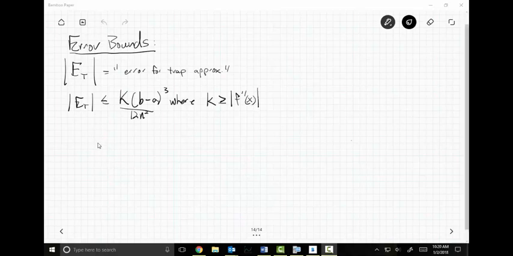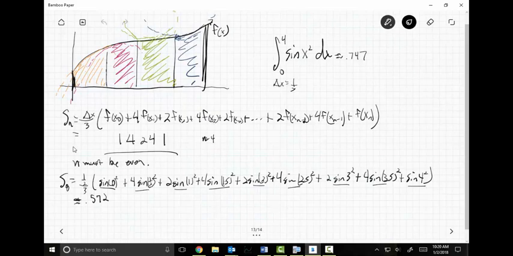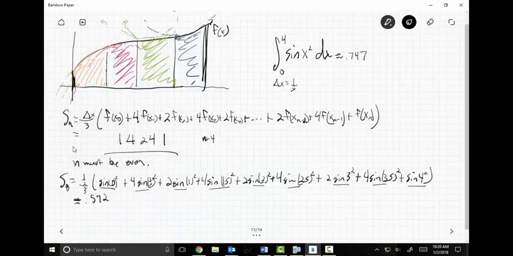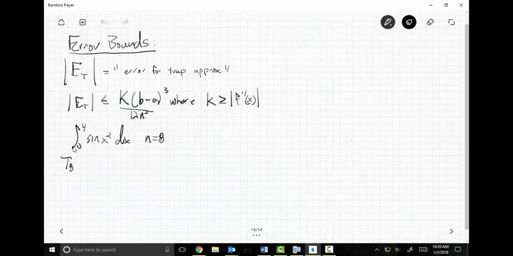So let's see how this plays out with our integral from 0 to 4 of sine of x squared dx, where we let n equal 8. So we have T sub 8, and I forget what we got over here. What was our T sub 8? There's S, we're over here with Simpson's. T was 0.517. All right, so this was approximately equal to 0.517.